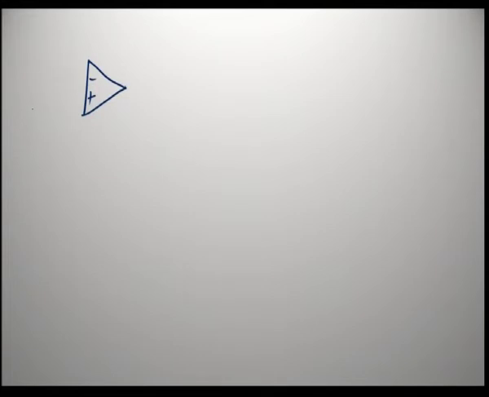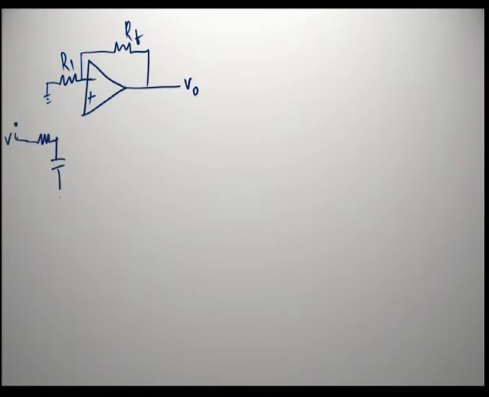So, we are giving the signal to the positive terminal, and the negative terminal is grounded. Say this is R1 and this is RF, this is V0, and through the RC network we are giving the input signal to the filter.